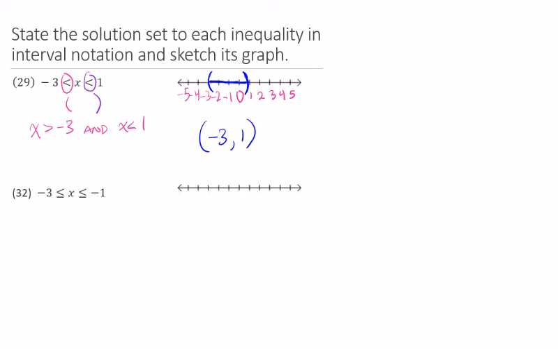All right. For 32, similar situation, right? Same two numbers. What's the difference? You guessed it. This means brackets. Okay. So what we're going to have in interval notation is -3, comma, -1 with brackets instead.